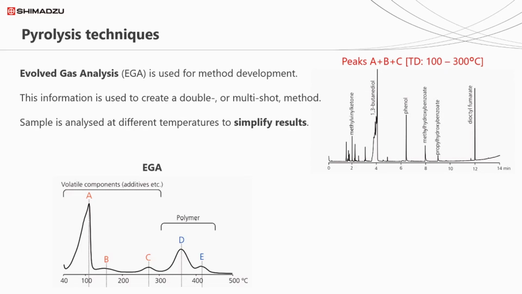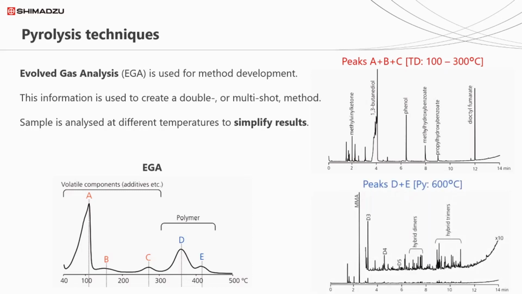This information can then be used to develop a double-shot or multi-shot method, where we analyse the same sample multiple times at different temperatures. In double-shot analysis, the sample is heated stepwise, firstly at lower temperatures to thermally desorb the volatile species without thermal decomposition. This generates its own chromatogram containing the volatile species present in the sample.